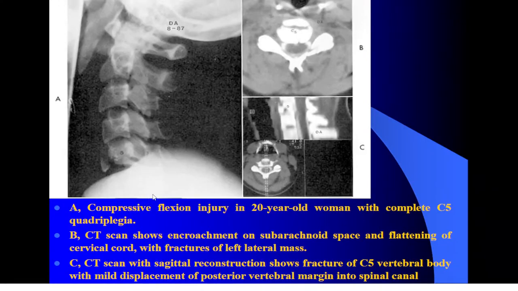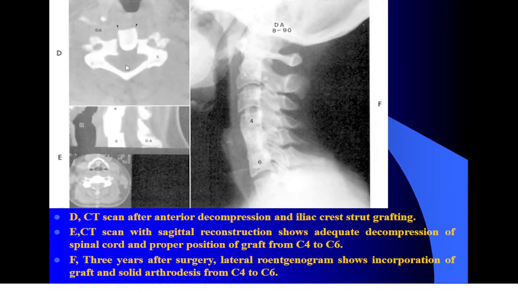Here you can see that the fragment of the body is displaced, and here you can see that the body is split from the arch. So both posterior and anterior complexes are damaged. So it is an unstable injury. Unstable plus complicated. Quadriplegia means the patient has total paralysis of the upper and lower extremities, once again.